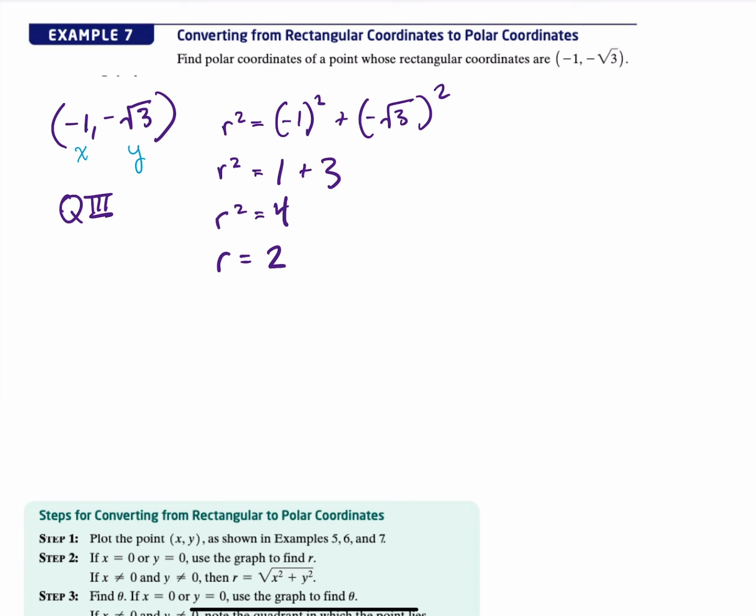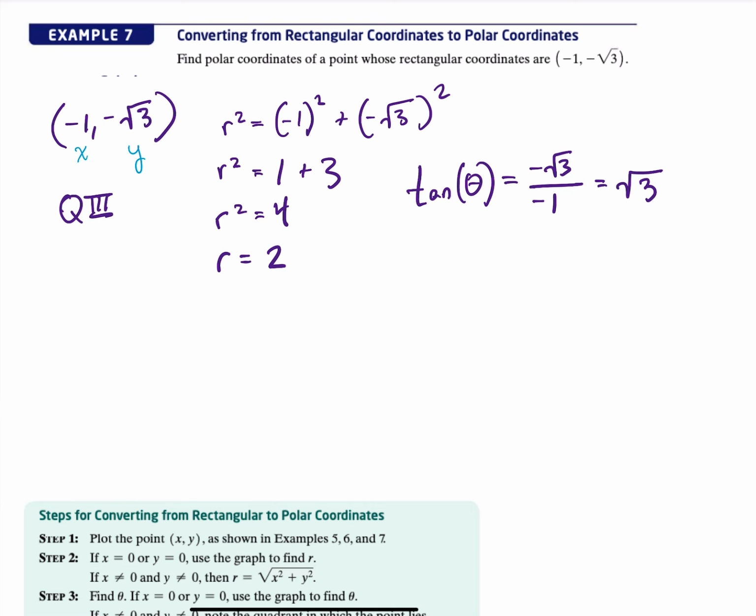Okay, so let's find theta. The tangent of theta is y over x, so that will be negative root 3 over negative 1. The negatives will cancel and we'll get positive root 3.